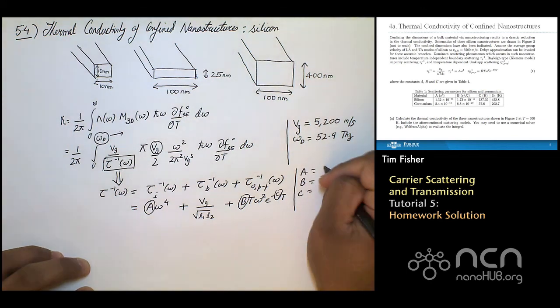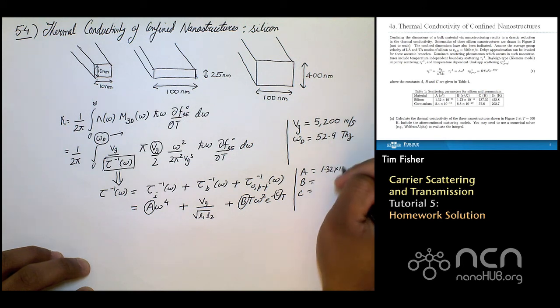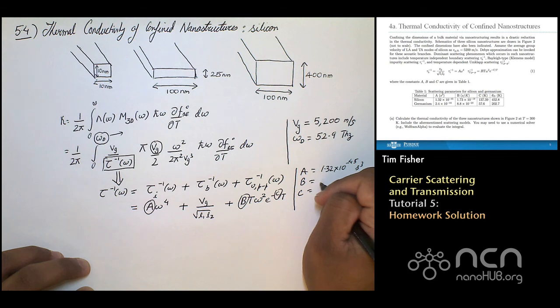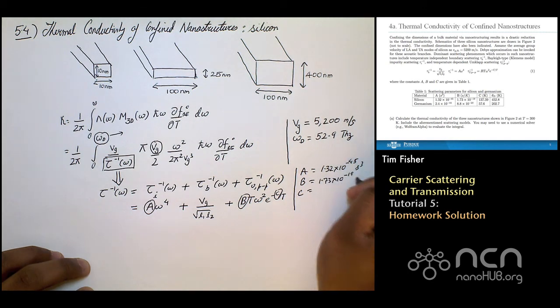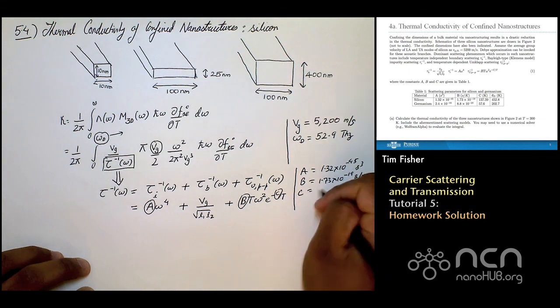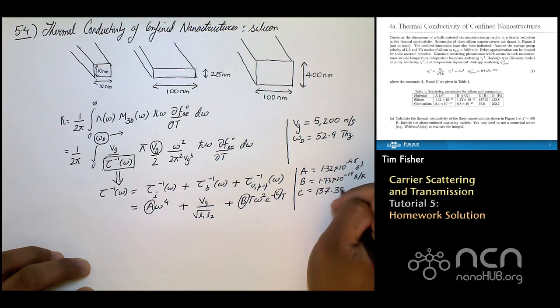A is 1.32 times 10 to the power minus 45 second cube, B is 1.73 times 10 to the power minus 19 second per Kelvin, and C is 137.39 Kelvin.